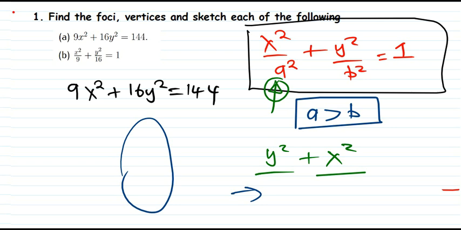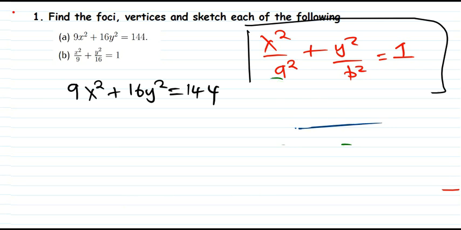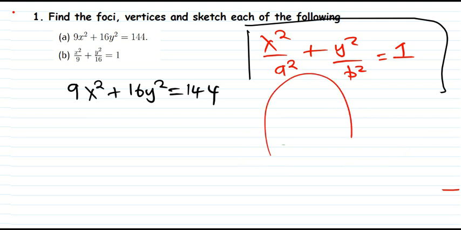So always write it starting with the one that has a bigger denominator so that you're able to tell. If you're starting with x, it's along the x-axis. If you're starting with y, like that. I hope that's clear. One thing that we know is we need to have a 1 as the constant on the right, so we can just divide by 144.